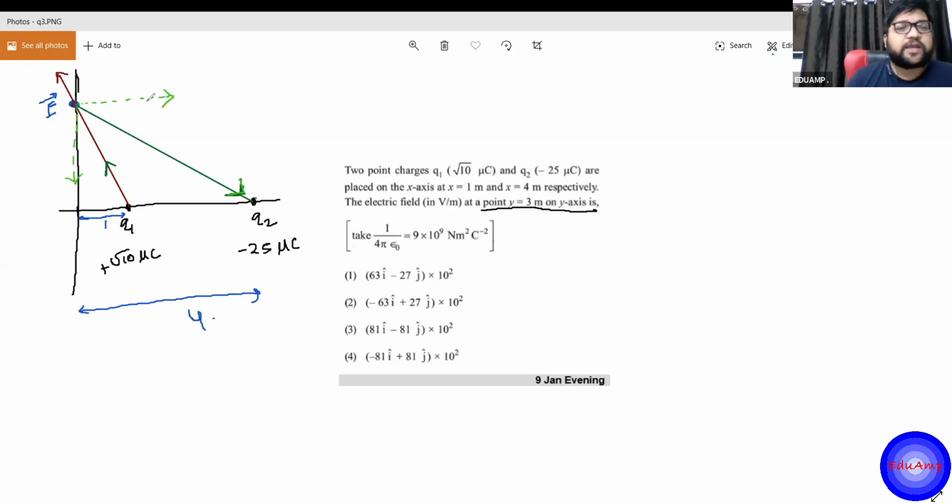Y and x components you can write in I and J form. The other one also, you have to split into components like this. For this one, the x component will be in this direction and the y component will be in this direction. So break both the forces into components in x and y direction, that is in I and J form, and then add them like we add vectors.